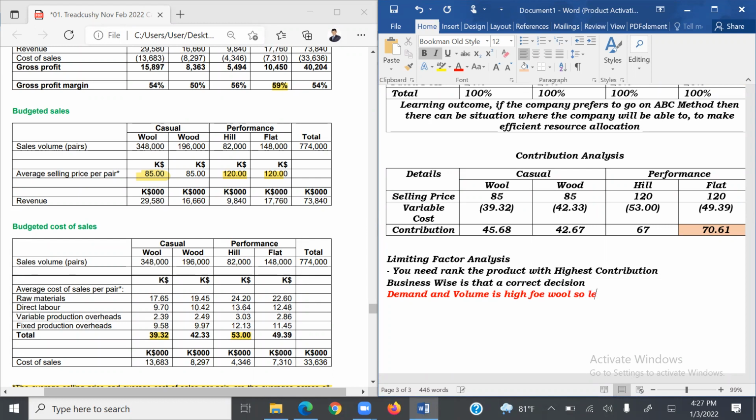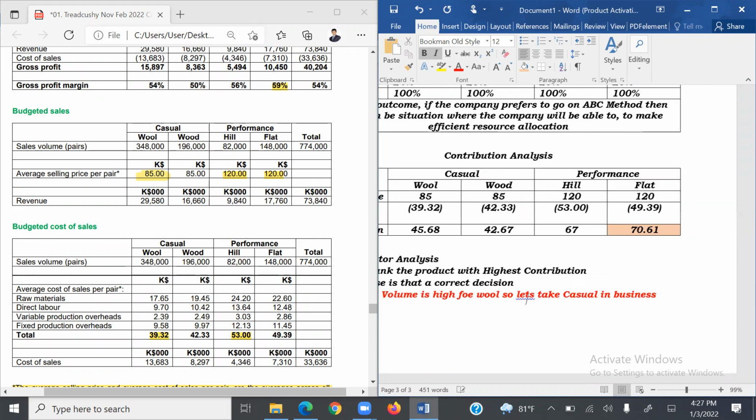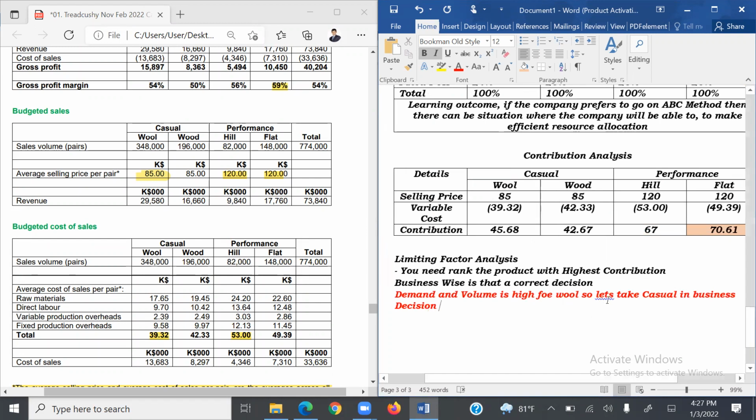So let's take casual wool in the business decision. Students, are you fine with that? Yes or no? Is that clear for you? I believe that is very clear for you. Thank you very much, students.